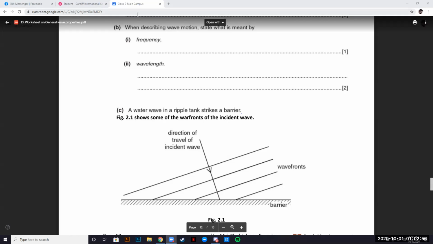When describing wave motion, state what is meant by frequency and wavelength. What is meant by frequency and wavelength? Wait. Now we are defining frequency and wavelength.